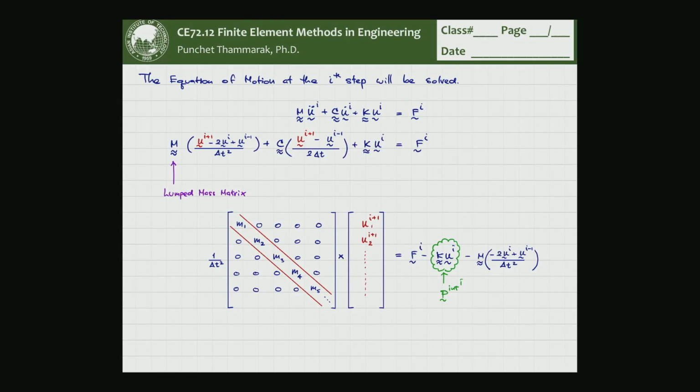Okay, M, and the C, if you have the C matrix in there, it will appear. But again, when you run the analysis, the damping comes from what?